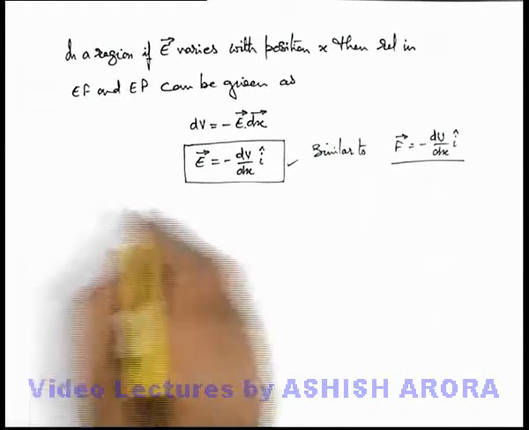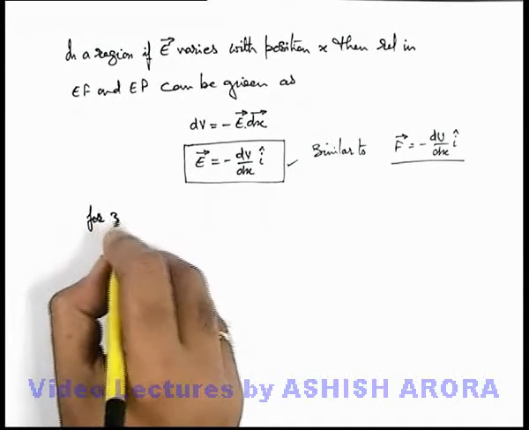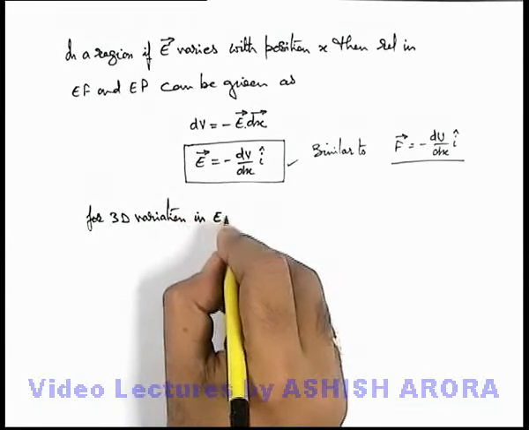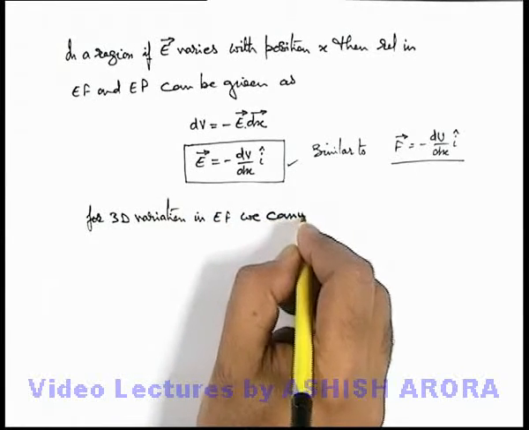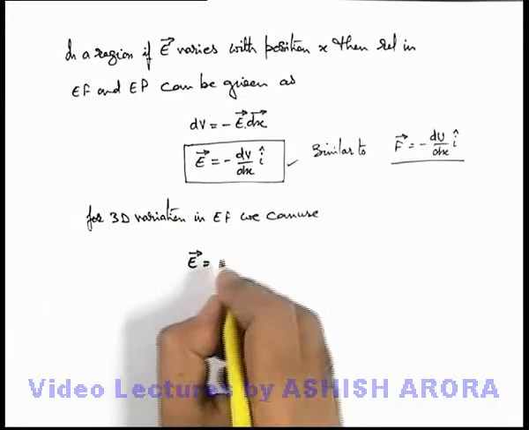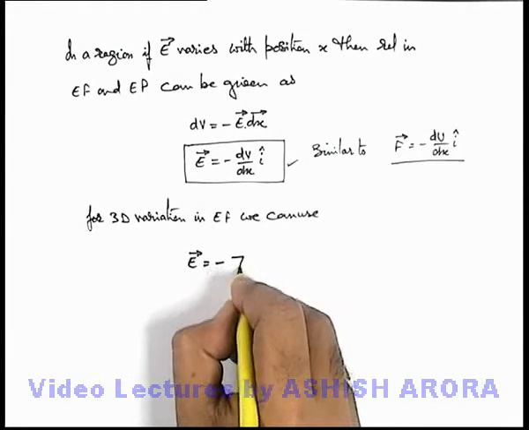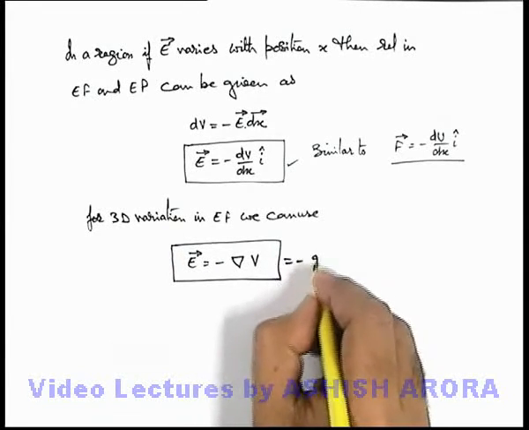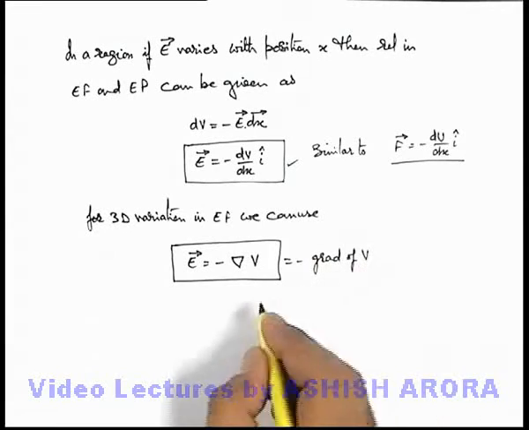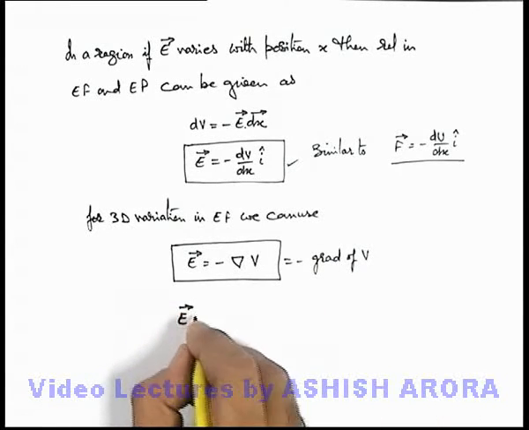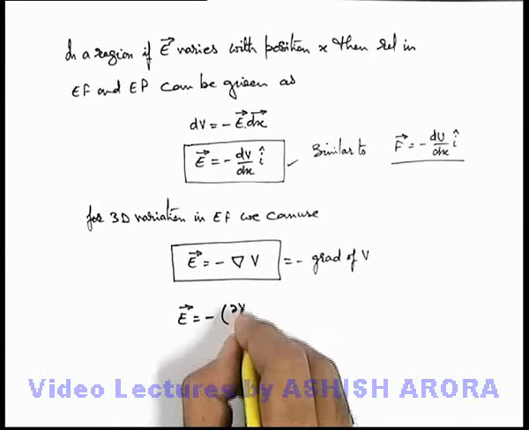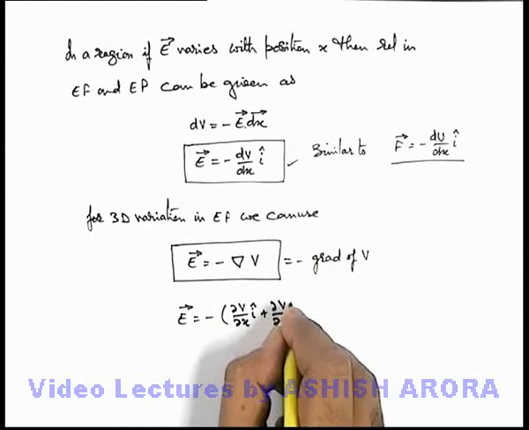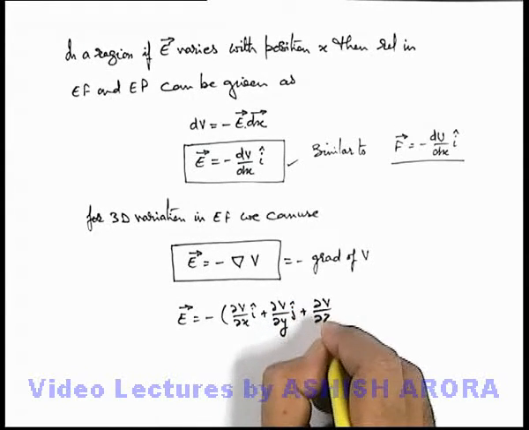In continuation, we can also state for three-dimensional variation in electric field, we can write E vector as minus gradient of the potential in the region, which is also written as minus gradient of V, or mathematically as minus of del V by del x i cap plus del V by del y j cap plus del V by del z k cap.